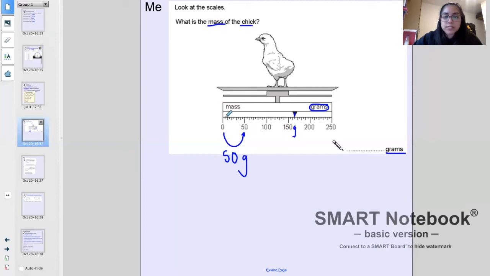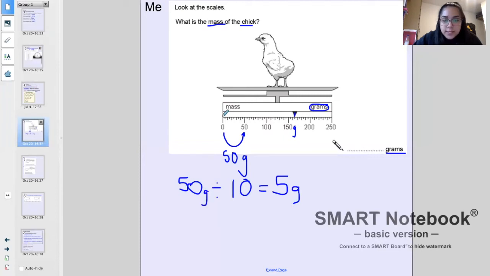Now, because there are 10 equal-sized increments, I'm going to just divide 50 by 10 to get equal parts. And 50 divided by 10 gives us 5 grams. So this is 50 grams divided by 10.